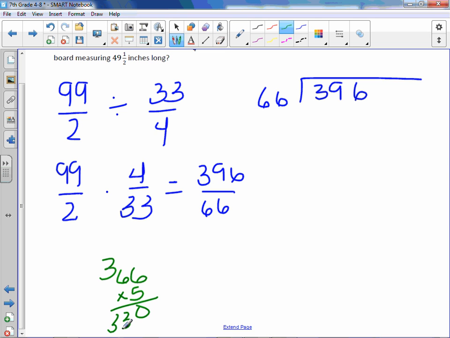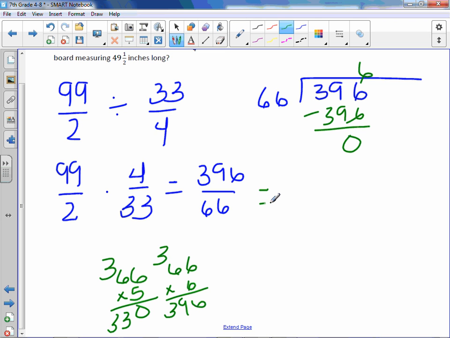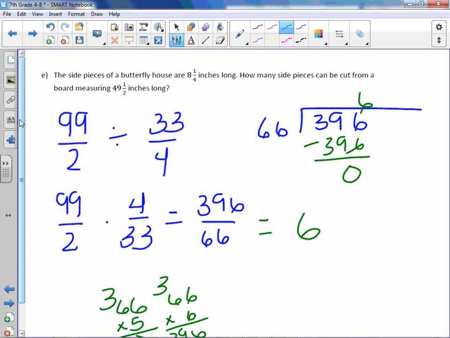That's 330. And let's try 6. It might actually work out evenly. And it does. So this would be 6. So this equals 6, and we want to know how many side pieces. So 6 side pieces.